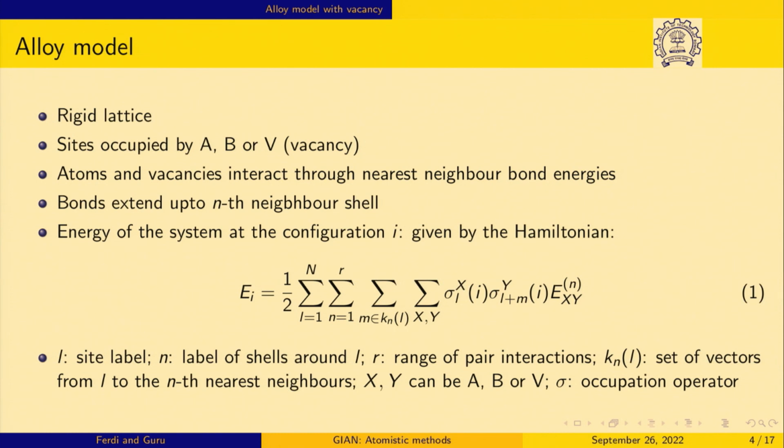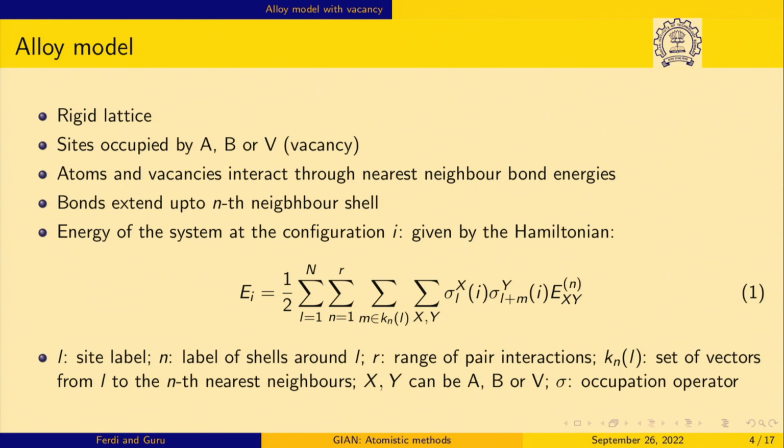Okay. Now, the third one is that in each nearest neighbor shell, for example, in the first nearest neighbor, if you assume that you are in a simple cubic, you will have 6 neighbors, right, or if this is FCC, you will have 12, and the second nearest neighbor will have 8. So, that summation m goes to k and l. For the nth shell, how many neighbors are there in that shell, that is that summation.